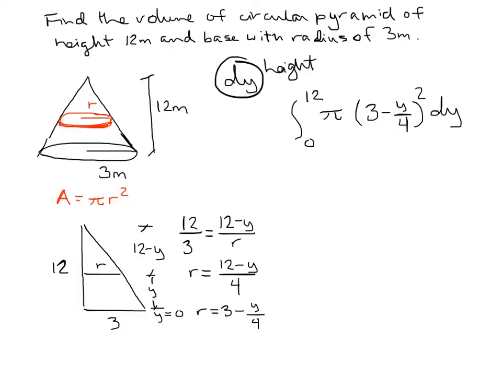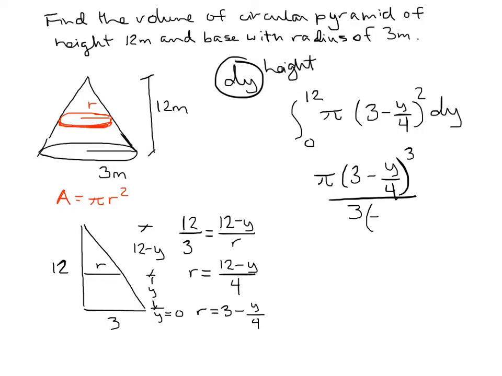All right, so what I would do with this is this is going to be a little kind of u substitution here. I would do 3 minus y to the 4th. I would add 1, divide by that number. Now when I integrate, I also need to divide by the derivative of the inside part.